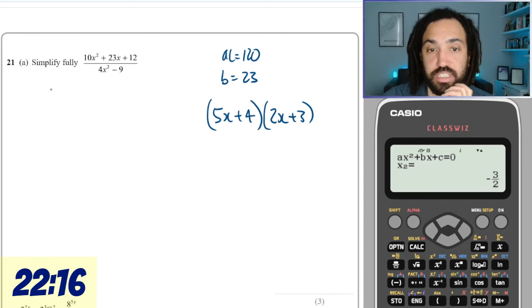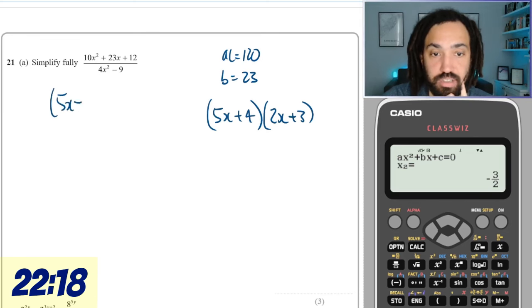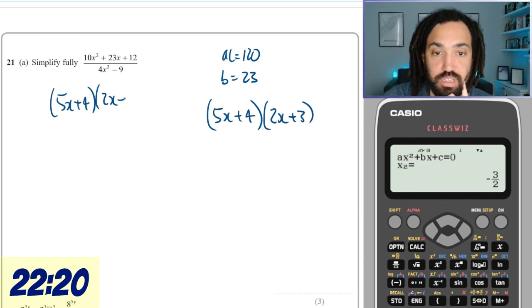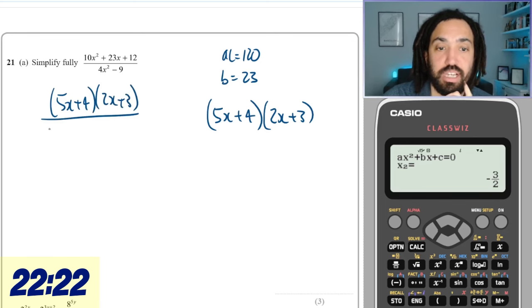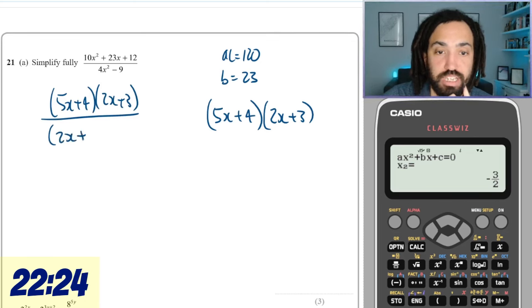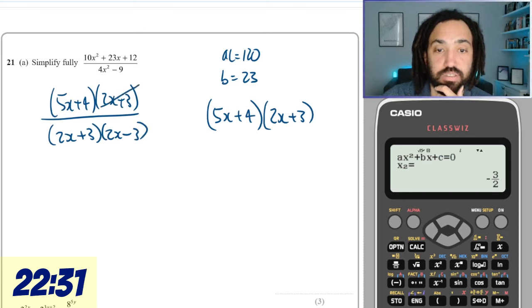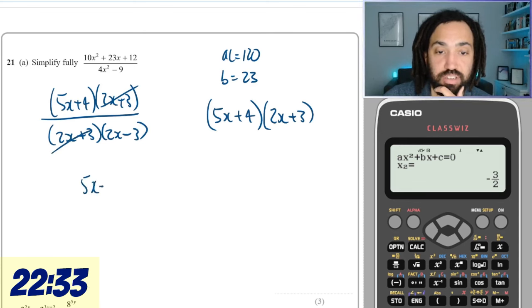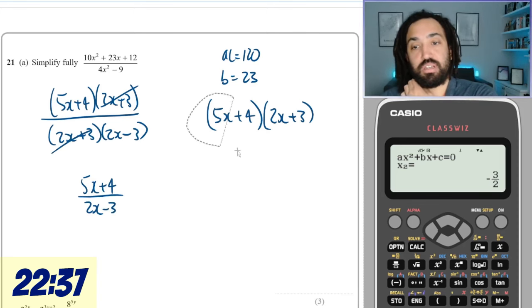So yeah, I think that's good. Okay, so 5x plus 4, 2x plus 3, and then over the bottom we have 2x plus 3 and 2x minus 3, because that's difference of two squares. Okay, so cancel, cancel, we get 5x plus 4 over 2x minus 3.